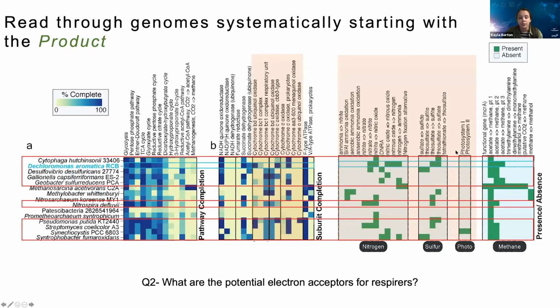We can also look for photosynthesis. We can see that we do have a photosynthesizer. This green indicates that this Synechocystis is a photosynthesizer. We can glean that Desulfovibrio can reduce sulfate. Same for Dichloromonas, which can reduce nitrate to nitrite. And this is all in that output.